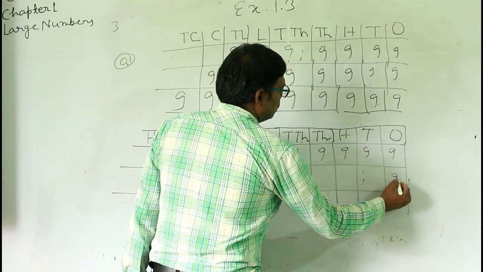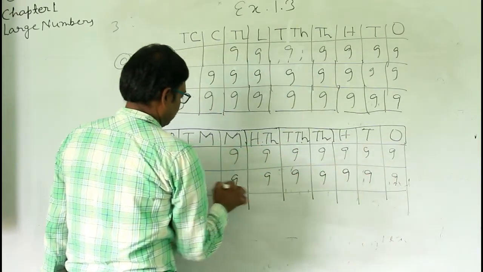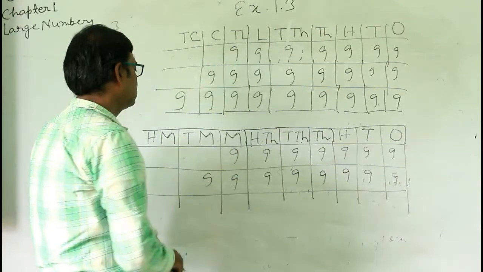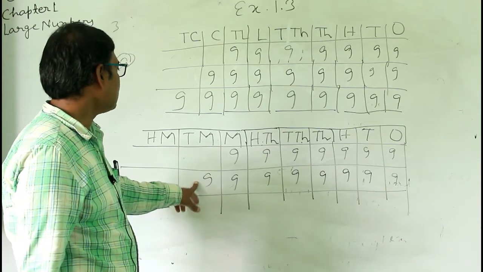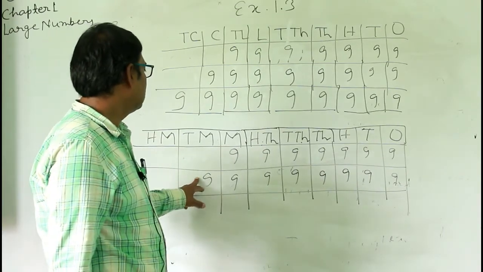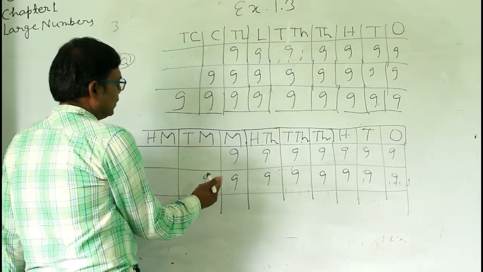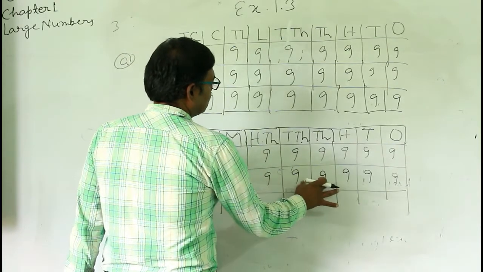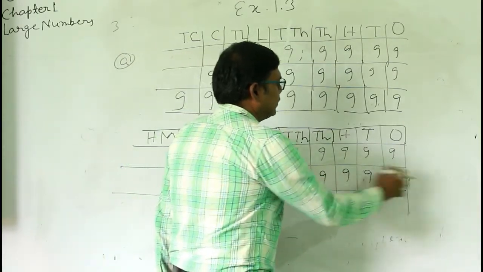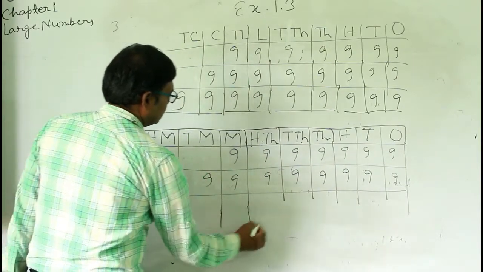That is, I can write 1, 2, 3, 4, 5, 6, 7, 8. So this is the largest 8-digit number, and this will be read as 99 million and 999,999. This is the name.